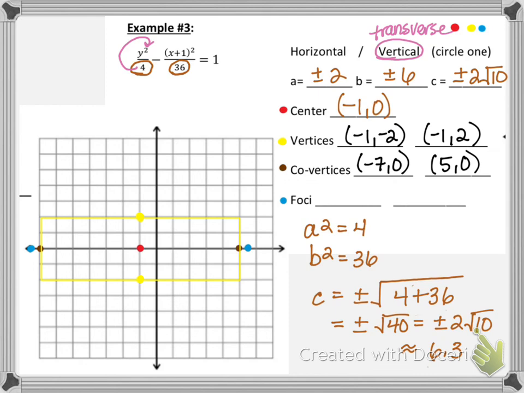So now, what do we do from here? We need to draw our asymptotes. If we draw our asymptotes, it has to go from one corner to the next. Let's see if I can be as lucky as I was last time. That's not going to work.